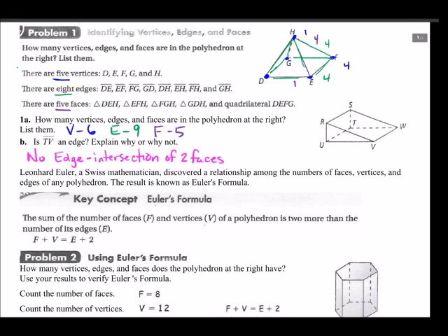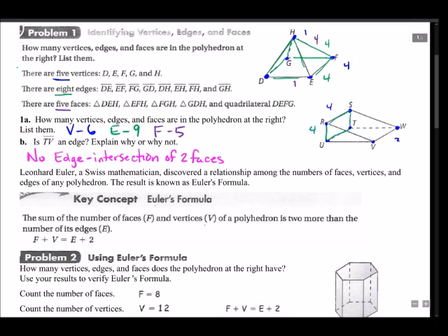The first problem asked us how many vertices, edges, and faces are in our polyhedron. And so vertices, I found 6 of them. I started on the left side over here and just counted 1, 2, 3, 4 on the back, and then 1, 2 over here on the right side. That gives me 6. The edges, I did the same thing. I'm going to start on this left side over here and go 1, 2, 3, 4.